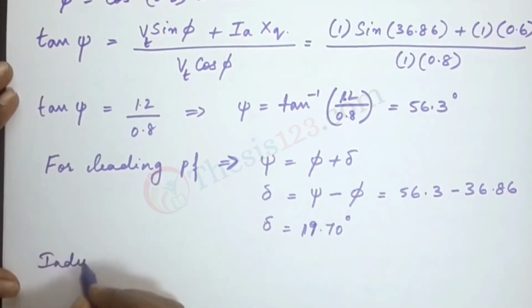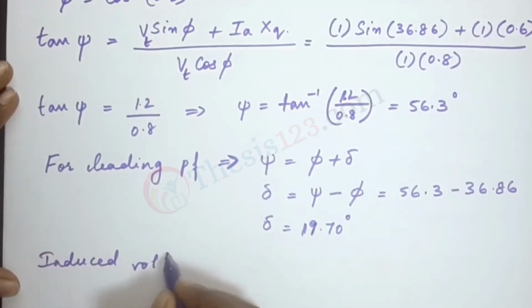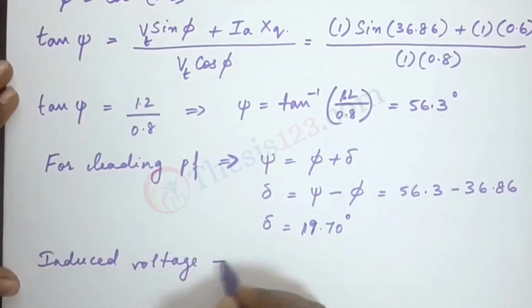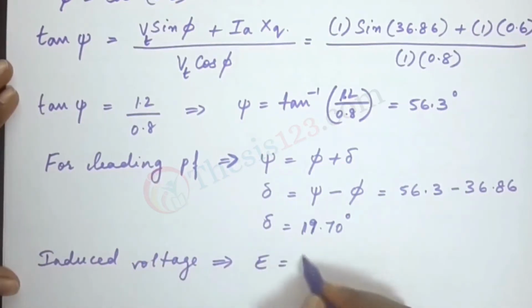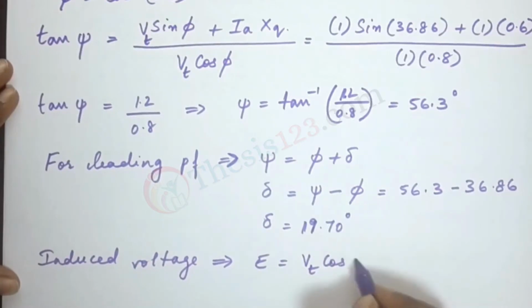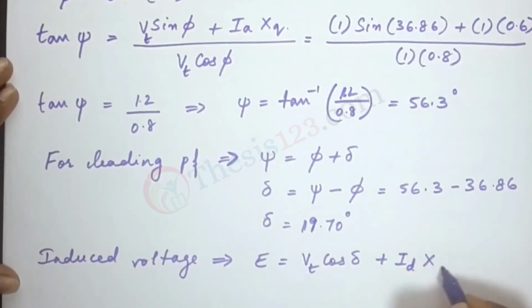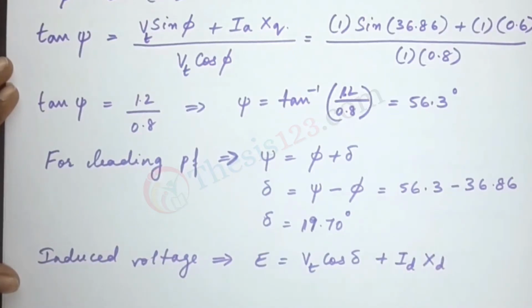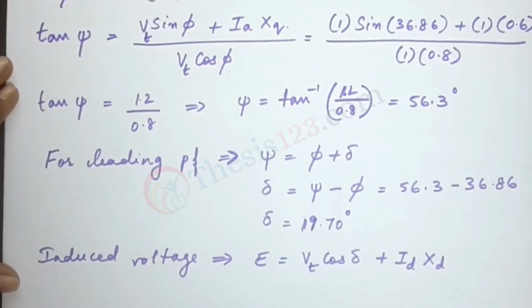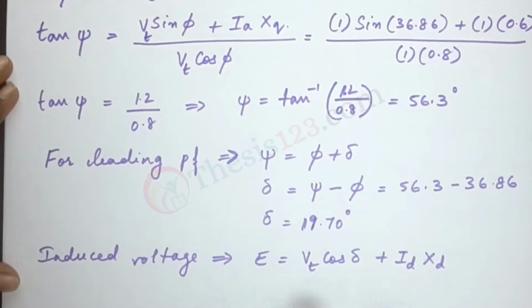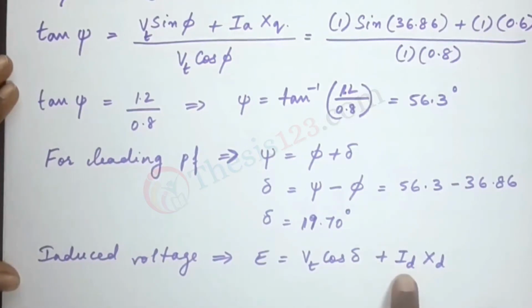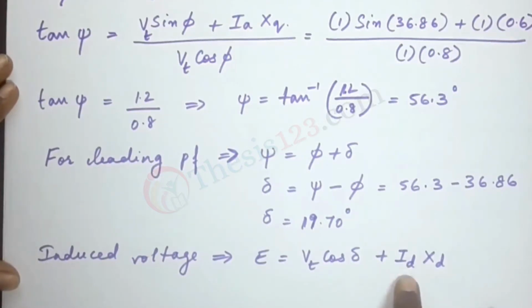The induced voltage equation, E is equal to Vt cos delta plus IdXd. Here we have one more unknown term, Id. Now we don't know what Id is.